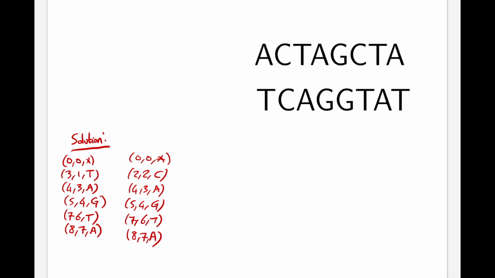8,7A. Can we interpret this in terms of a longest common subsequence? So the first solution would be 3,1T, this pairing here, then 4,3A, this pairing here, then 5,4G, this pairing here, then 7,6T, this pairing here, then 8,7A.